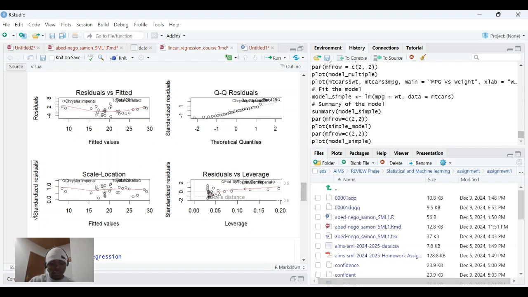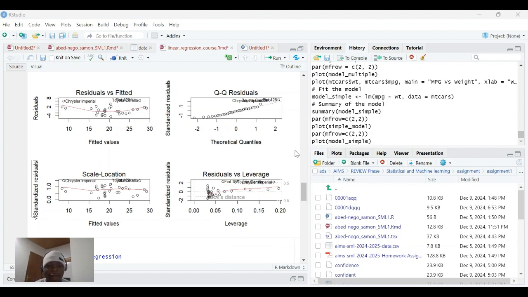So in this case we can say that it is possible that we do not have homoscedasticity.